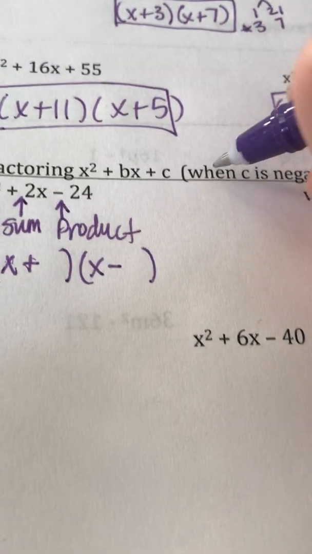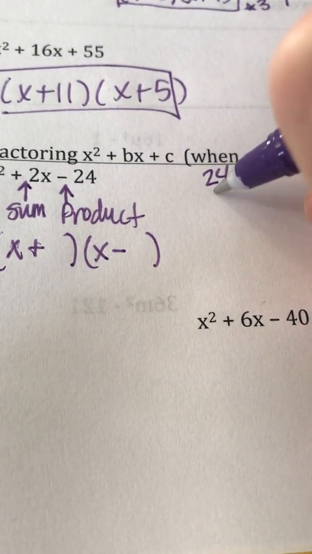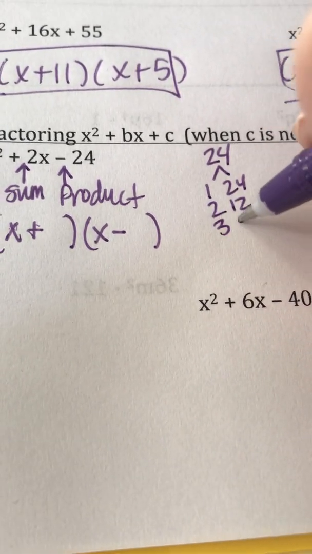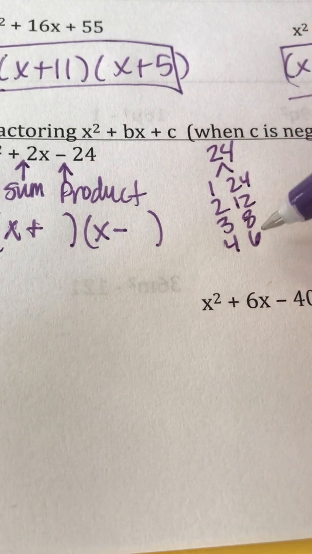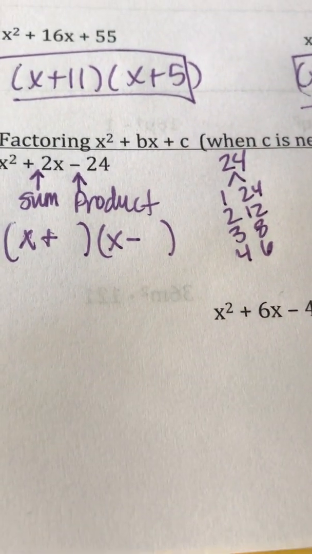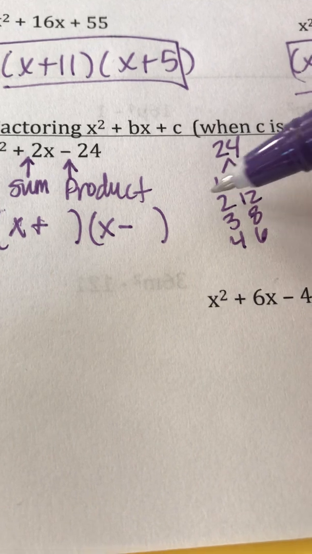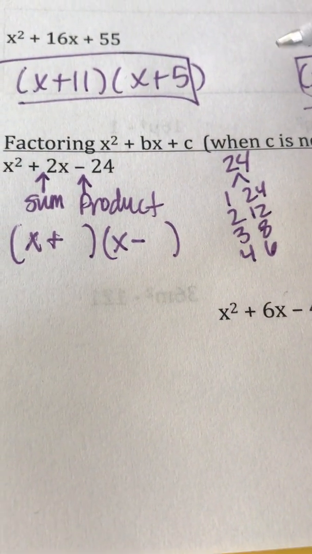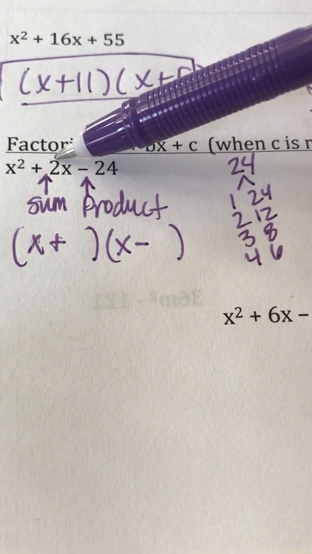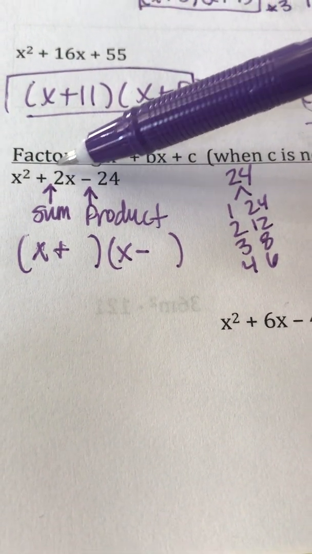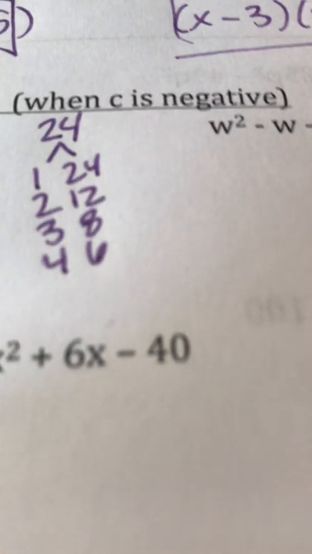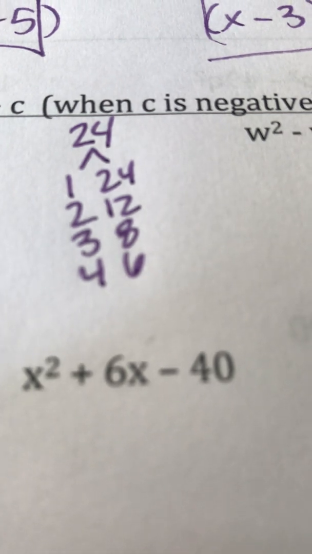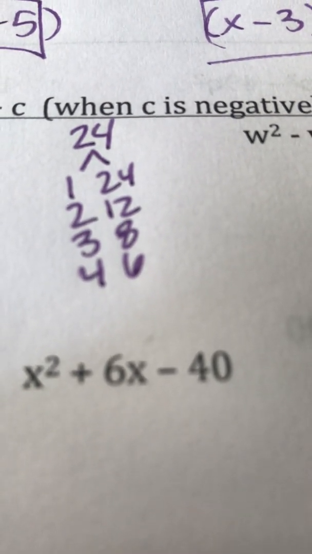All right, so let's take a look at the factors of 24. I have 1 and 24, 2 and 12, 3 and 8, 4 and 6. Okay, now I know that one of these is going to be positive and one of them is going to be negative, but I'm not quite sure which one. So what I need to think about is I need a sum of positive 2. Which means I need to look at these factor pairs and determine which of these factor pairs is going to have a difference of 2. And I want that difference to be positive.